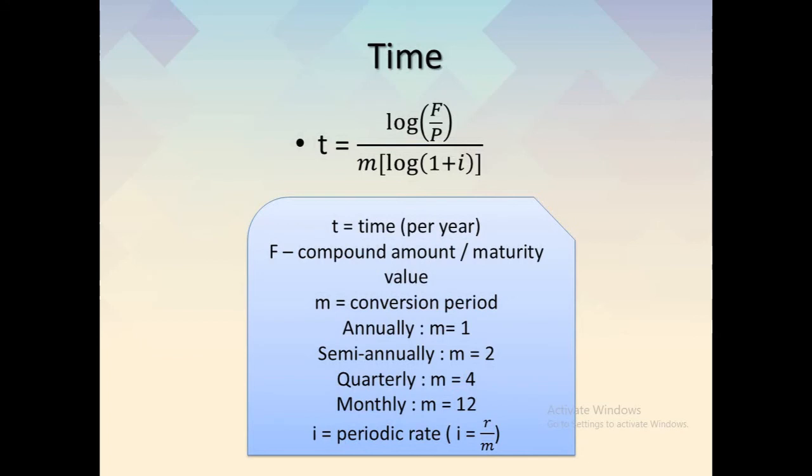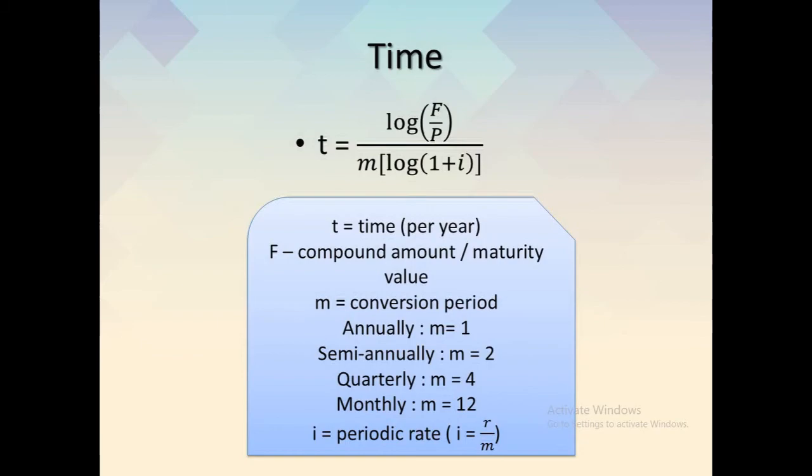Take note, annually m is equal to 1, semi-annually m is equal to 2, quarterly m is equal to 4, and monthly m is equal to 12. And take note, i is the periodic rate, which is equal to r over m. So r there is the rate.